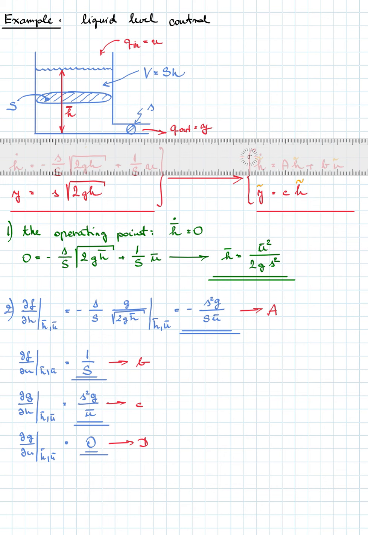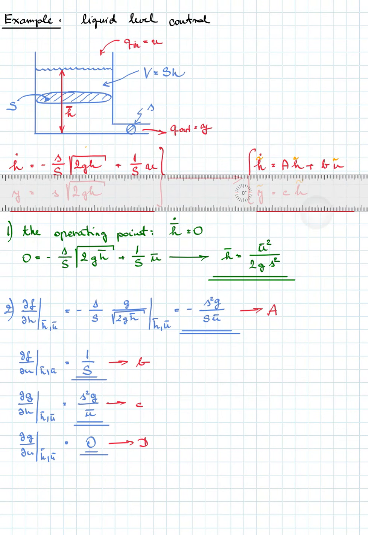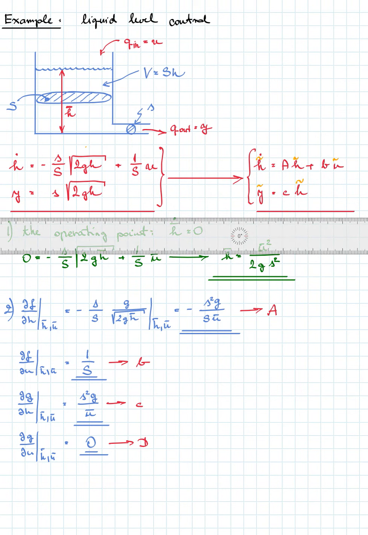Let's see quite a simple example to realize the technique of linearization. The problem is the liquid level control. This problem is known from an example which I mentioned before, and these are the nonlinear equations which we got.